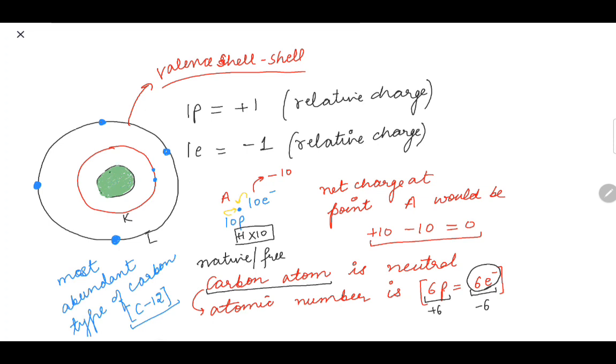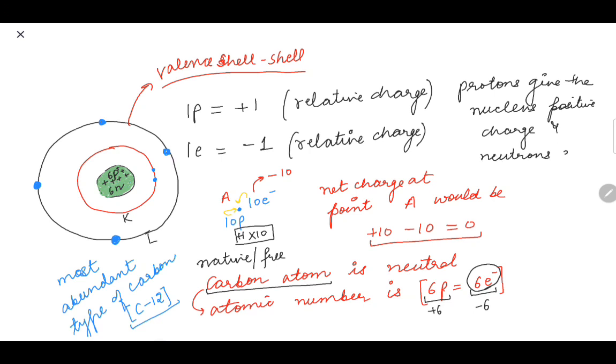But for now, it consists of 6 protons, and 6 protons give it positive charge. And there are 6 neutrons also. So I would say protons give the nucleus positive charge, and neutrons give the nucleus only mass.